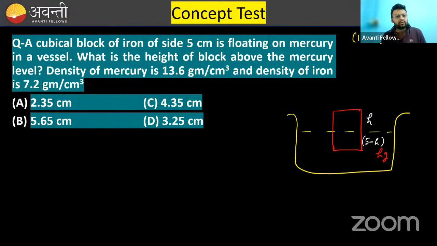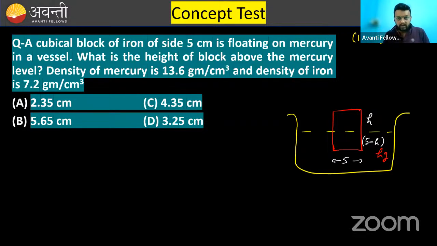Is it clear to you? All other sides are 5, because a cube has 3 sides, length, width, and height. I am breaking the height into h and 5 minus h. But the base will be 5, and the width of this cube is also 5.